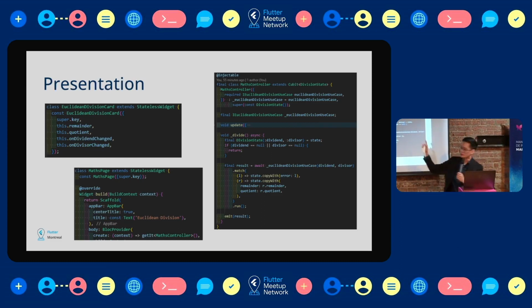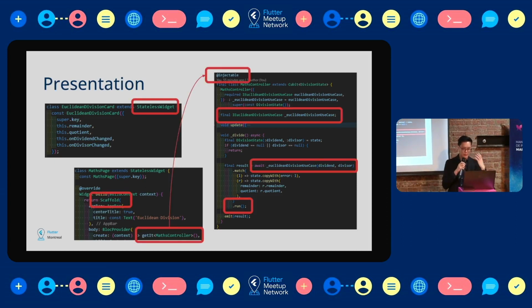So I have the card, which is a component, the page, which is a page, and the controller here. I actually name it in a way that it's understandable, even in the file name. What you have to see is, for example, it's not mandatory, but for example the widget, the card, we make sure that they are stateless.